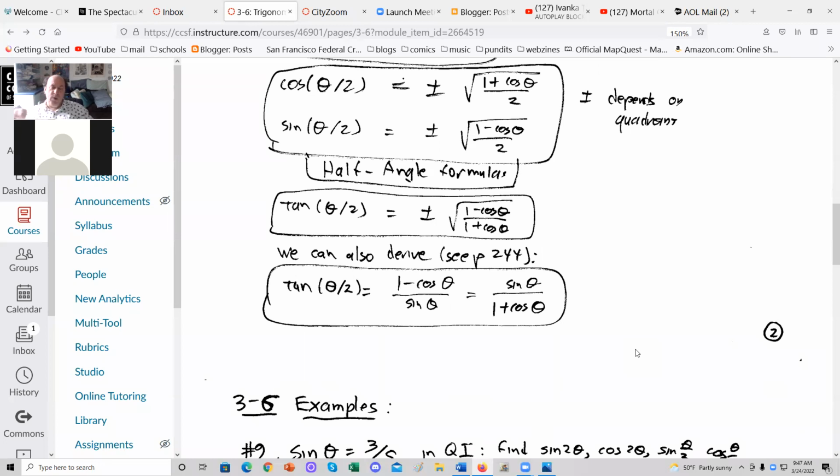I say that we can derive from that, we can get rid of the plus or minus, and then you have a simpler formula, and get that tangent of theta over 2 equals 1 minus cosine theta over sine theta, or sine theta over 1 plus cosine theta. I attribute that to page 244, but that's probably different in the textbook.